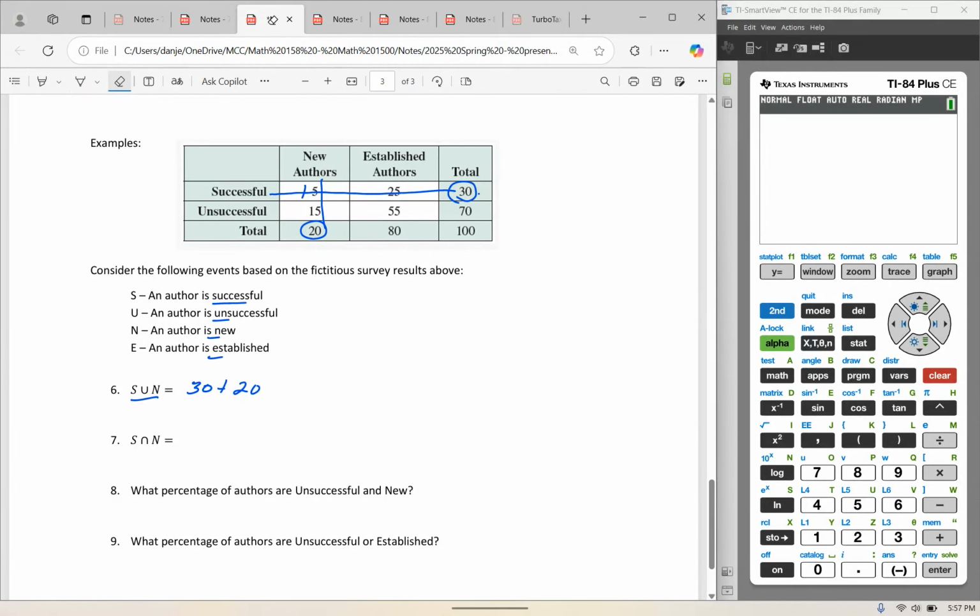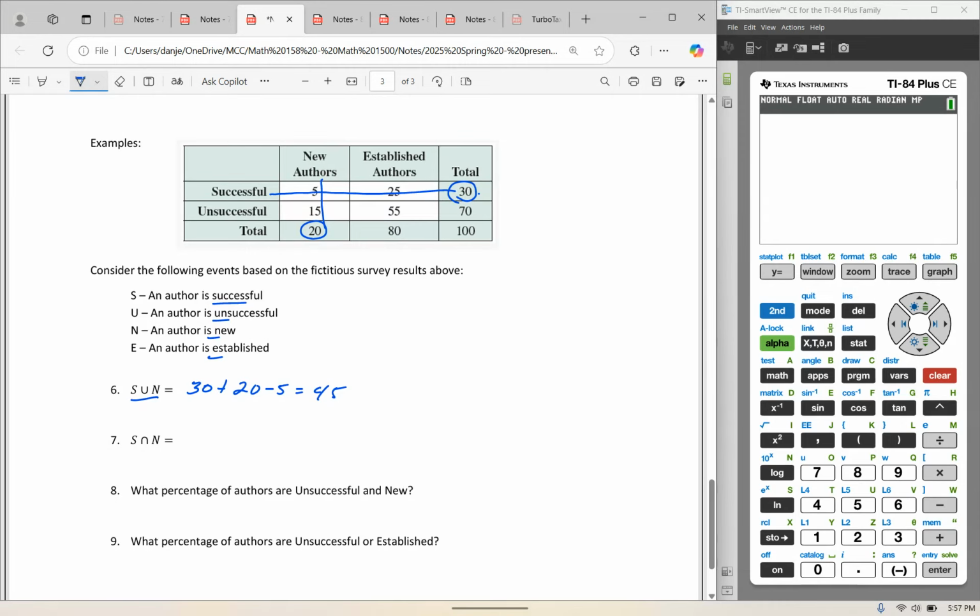The 5 authors that are both new and successful, so I need to subtract out that 5 so I don't accidentally include them twice. Okay, so that would be 45. Now notice if I draw the line here, vertical line for the new authors, horizontal line for the successful authors, the union would be everybody that has a line once or twice.